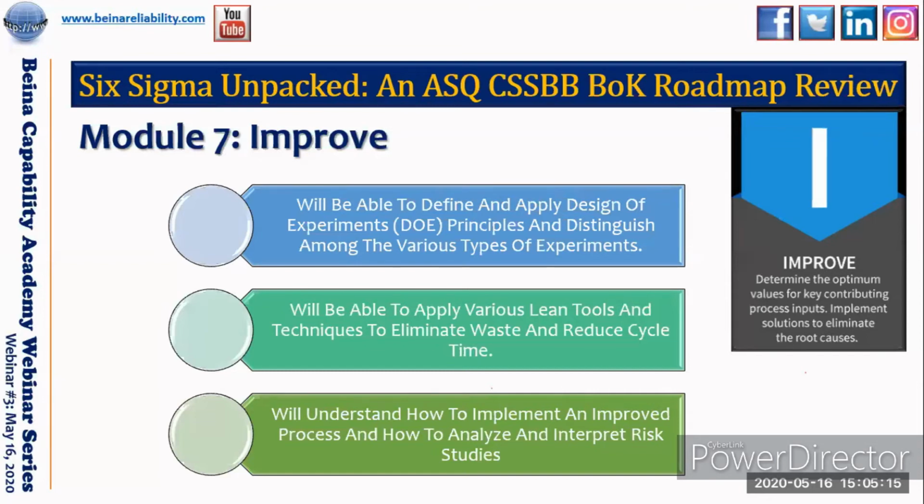So you must be able to do design of experiment and know the different types of experiment that you'll be conducting. Then you must be able to apply various lean tools and techniques to eliminate waste. Now, see where improve comes under Six Sigma, yet we are talking about lean tools. So you see why we mentioned that your foundation of Lean must be strong if you are going to run Six Sigma.